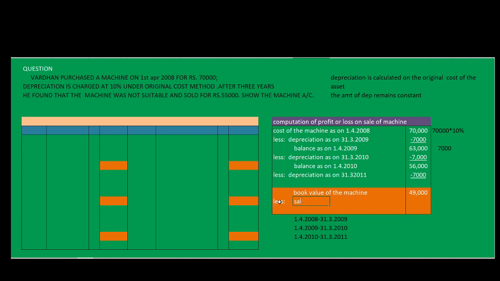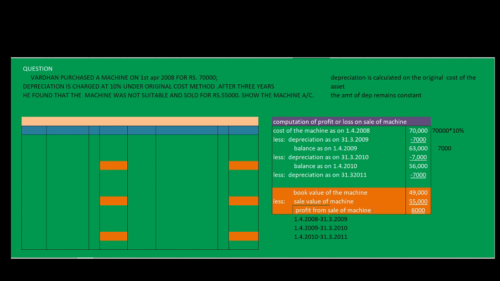Sale value of machine: 55,000. Now look at this. Book value is less than our sale value. My machine value was 49,000, but I have sold it for 55,000. That means I have got 6,000 rupees as profit. So this is called profit from sale of machine.